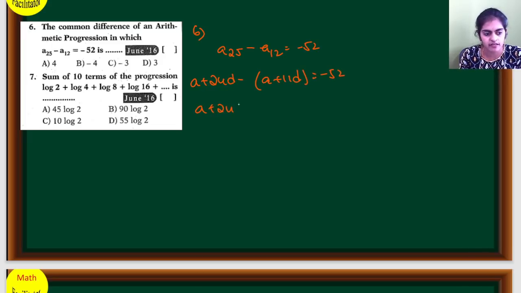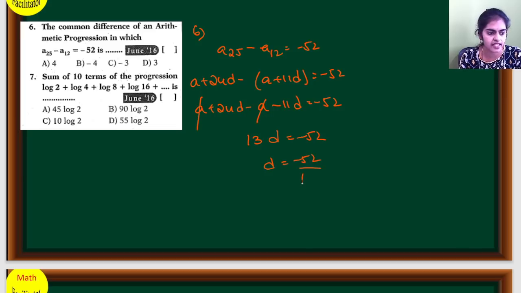So a plus 24d minus a minus 11d equal to -52. a minus a cancels. 24 minus 11, you get 13d equal to -52, or d will be -52 divided by 13. So your answer should be -4. Are you all getting the same answer? Right? So it has to be -4. So proceeding to the next question.